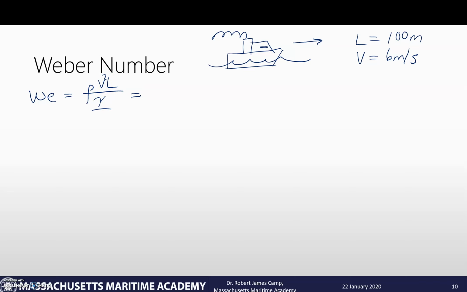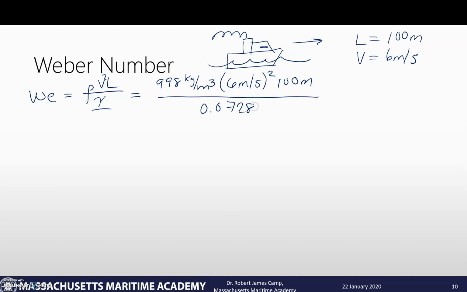We need to look up a couple things. Typically, we can take water as 998 kilograms per cubic meter. Going to multiply that by our velocity, which is 6 meters per second. We will square that, multiply that by 100 meters of ship length. And now I'm going to look up the surface tension force of water, 0.728 newtons per cubic meter.